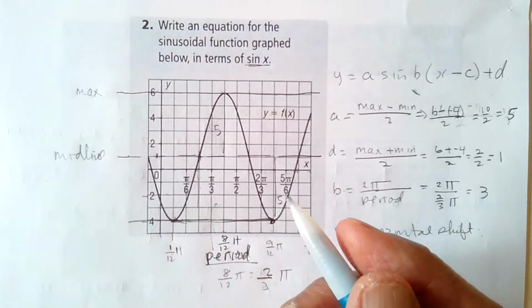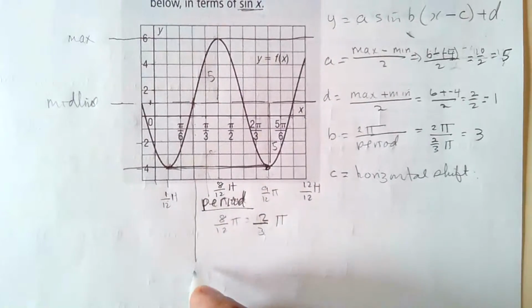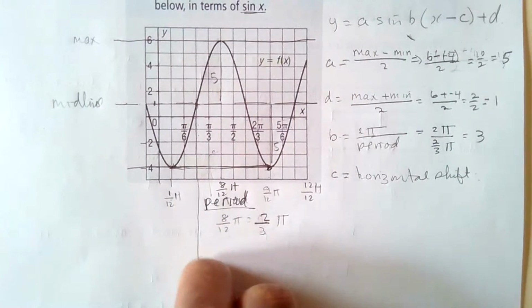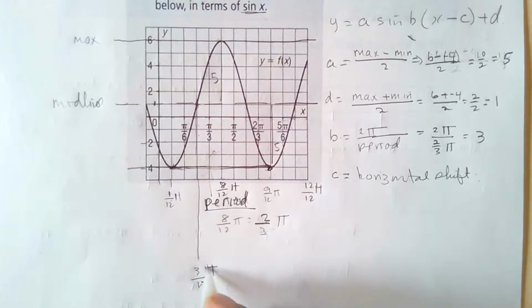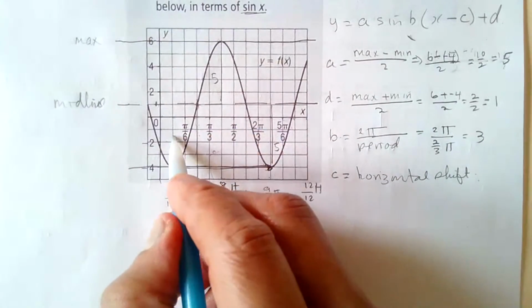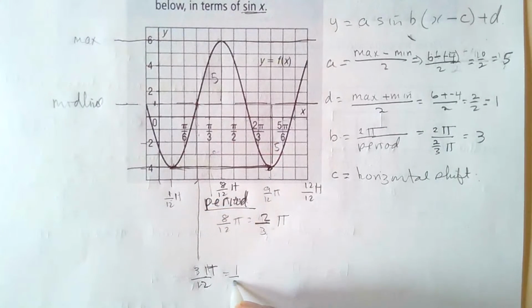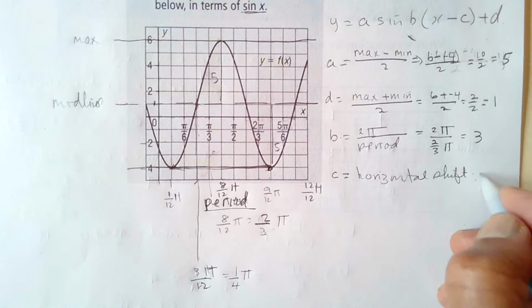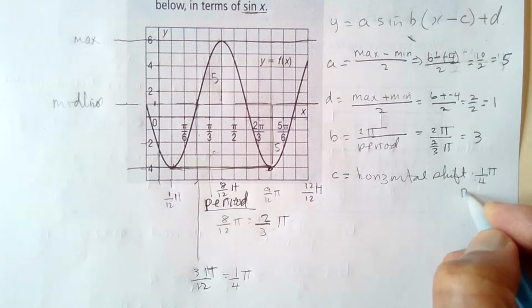Oh, sorry, this is not 2 pi over 6, it'd be 3 pi over 12, because this is 1/12 pi, 2/12 pi, 3/12 pi, which is 1/4 pi. So we have a horizontal shift of 1/4 pi to the right.